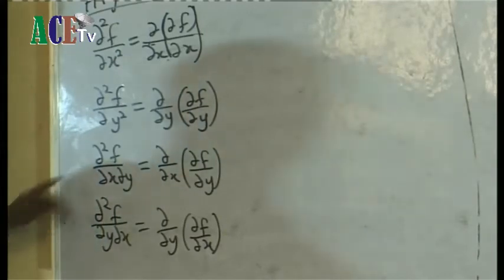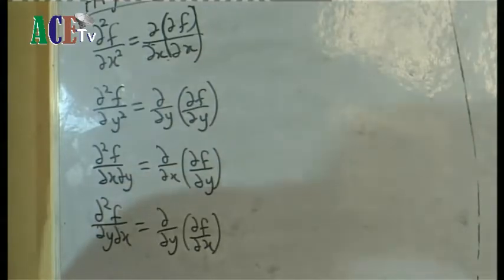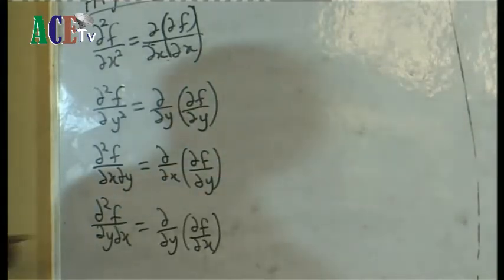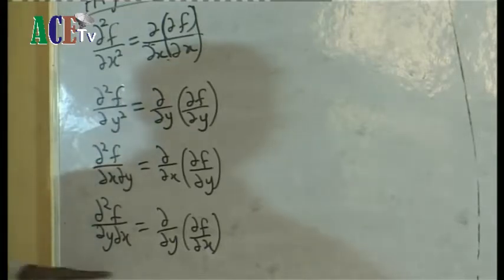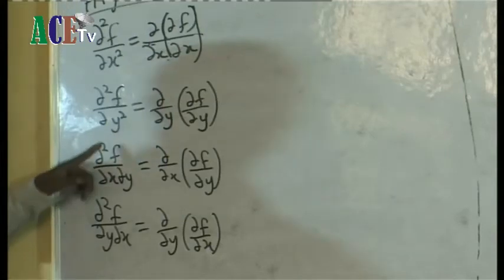But let me tell you something. Almost every time, the derivative of this one and this one must be the same thing. The square f over dx dy and the square f over dy dx must be the same. They must be equal.